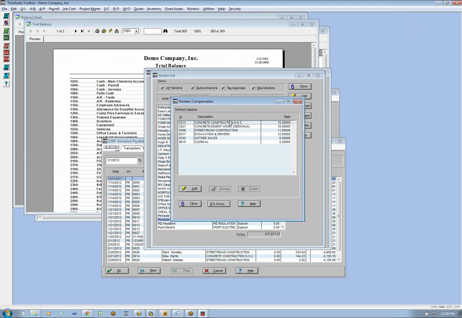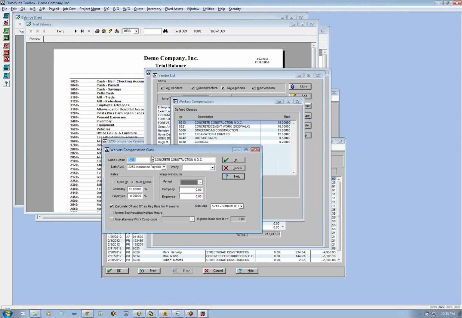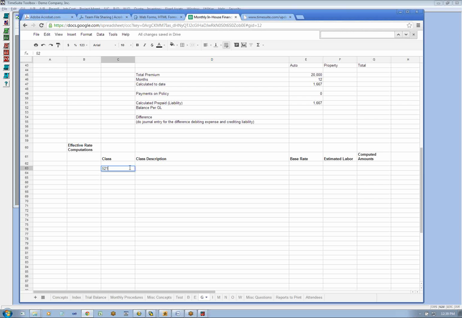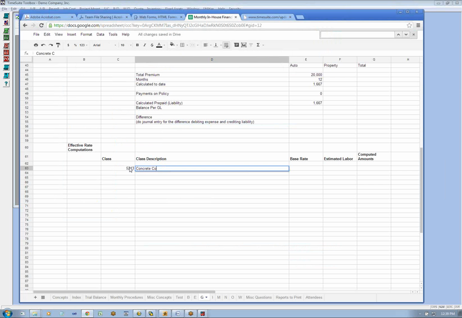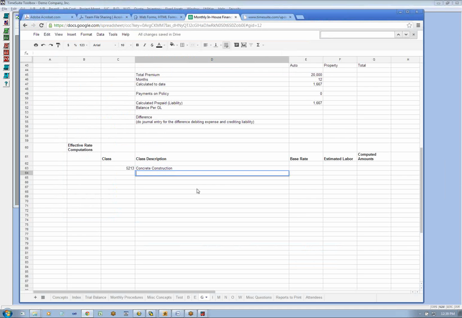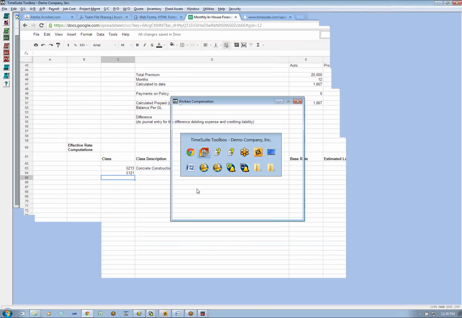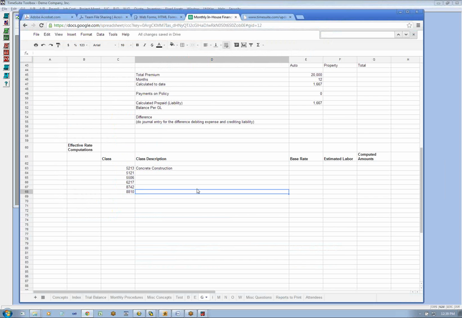So we're going to go to the workman's comp, and here we have a classification of 5213. We might have a class of 5213, and we are calling that concrete construction. And then, in addition, we have 5121, and 5506, and 6216, and 8742, and 8810.